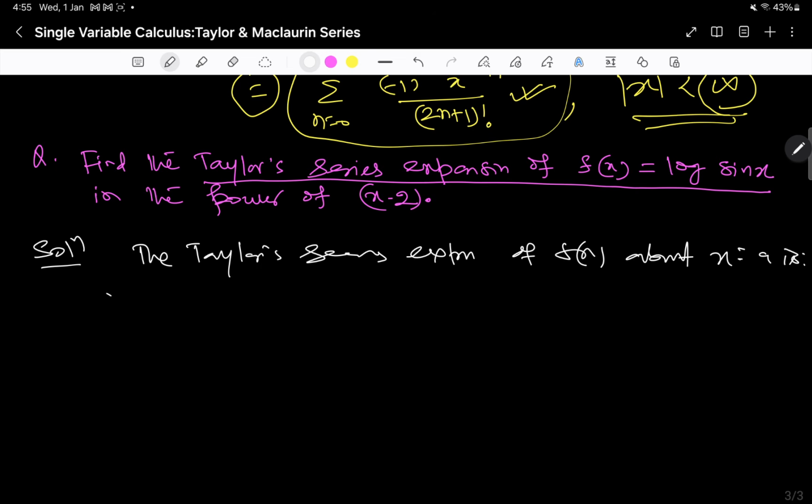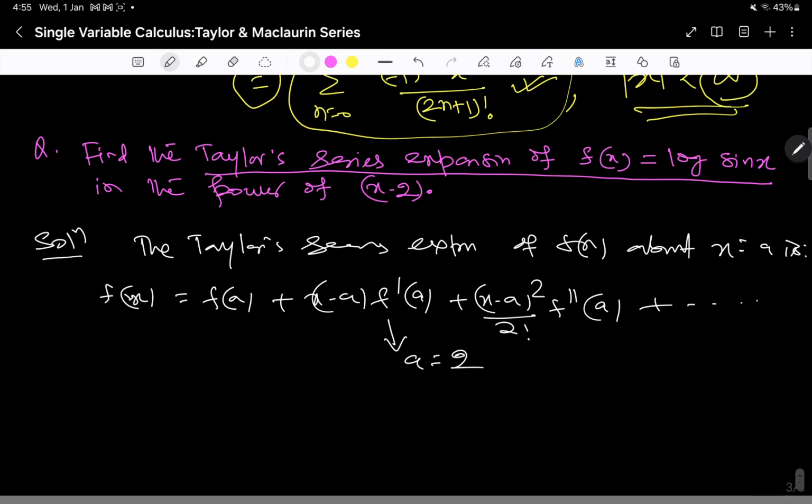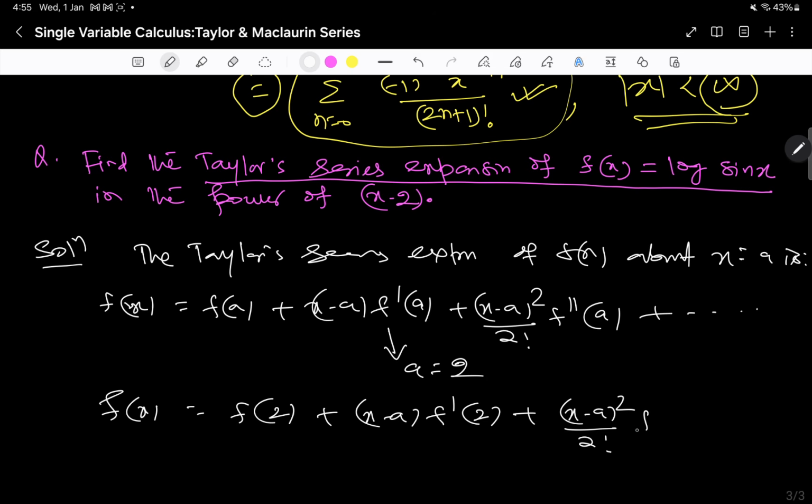It is f of x is f of a plus x minus a f dash a plus x minus a square by factorial 2 f double dash a and so on. But here it is given a is equal to 2, so f of x is f of 2 plus x minus 2 f dash 2 plus x minus 2 square by factorial 2 f double dash 2 and so on.